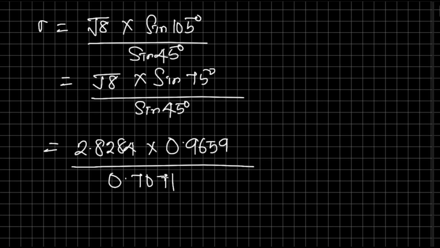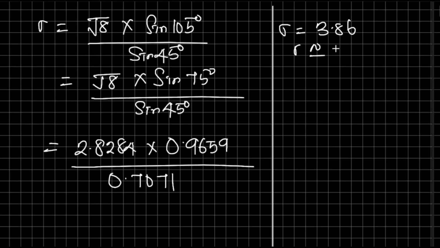So 2.8284 multiplied by 0.9659, divided by 0.7071, the answer is r equals 3.86. So r is approximately equal to 4 meter.